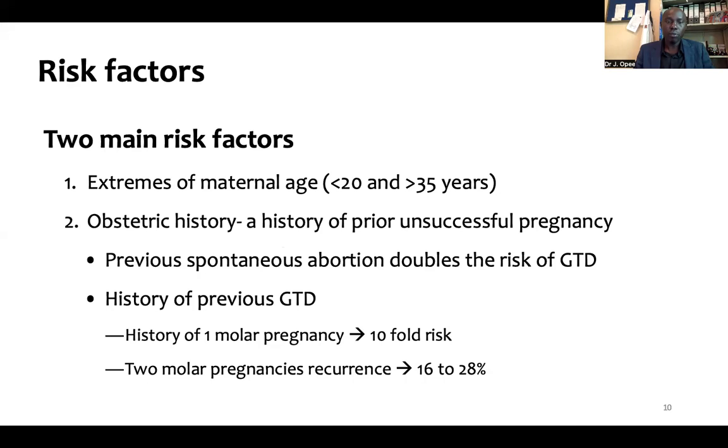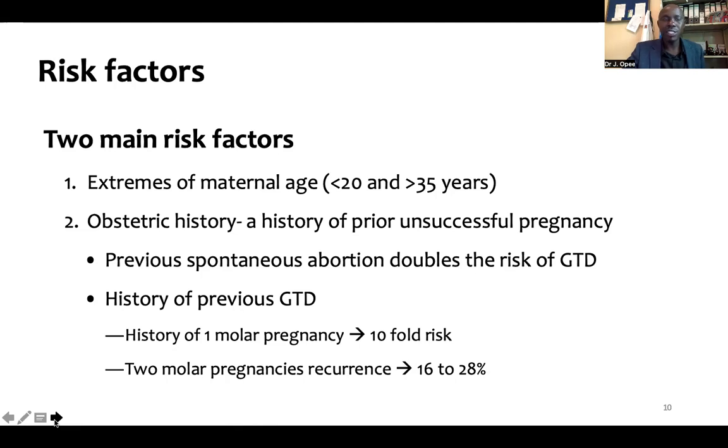Two molar pregnancies actually increase the likelihood of subsequent pregnancies being molar by 16 to 28%. You can imagine, this is too much. This is a lot of likelihood of developing gestational trophoblastic disease.